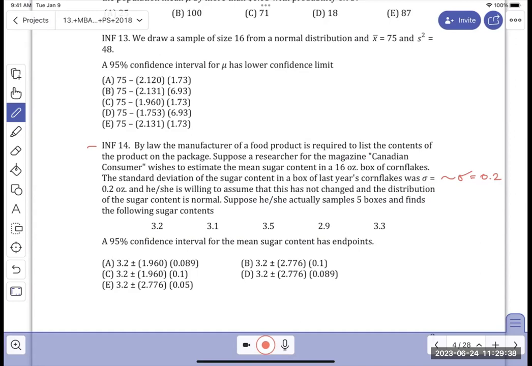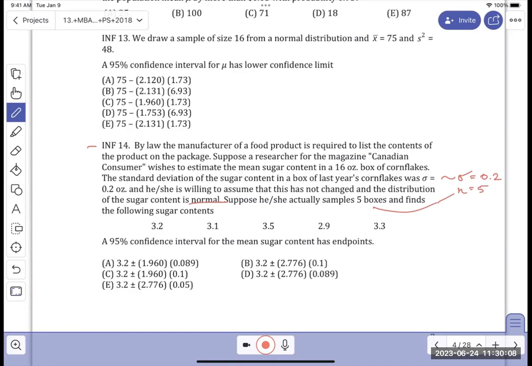No, it says, and the distribution of the sugar content is normal. It would have to say that. If it doesn't say it, you just assume it. Otherwise, you can't do this problem, because the sample size is 5.